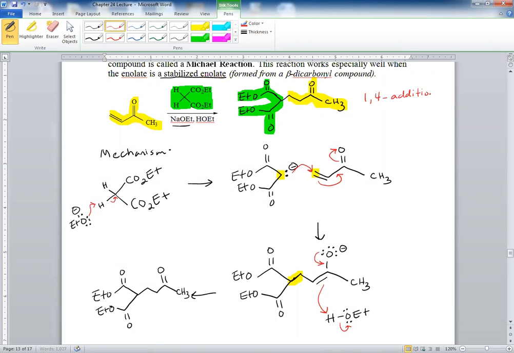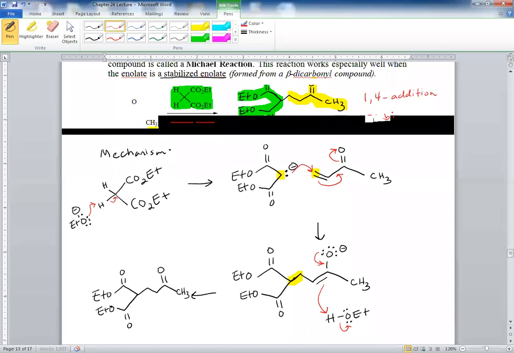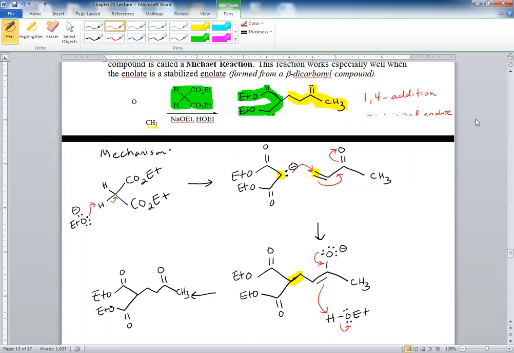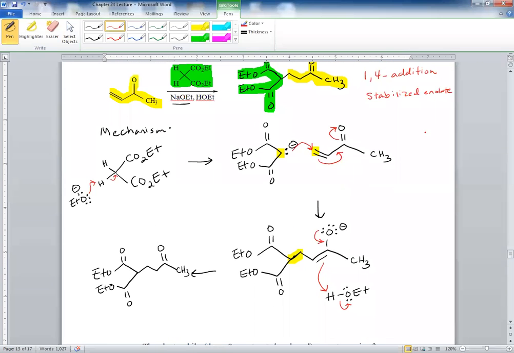And that is between an enolate, a stabilized enolate, and an alpha beta unsaturated carbonyl.